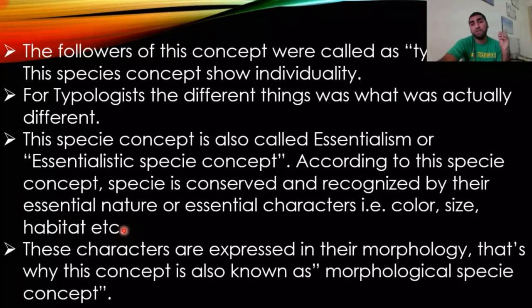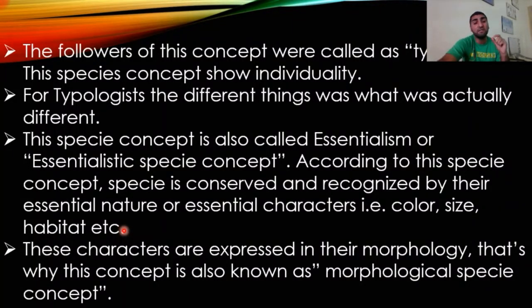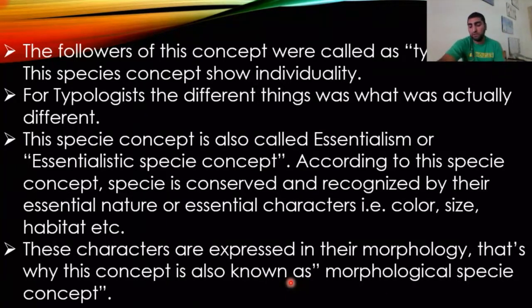They thought that there is no variation, no mutation, no change in species. Species is fixed. These characteristics are expressed in the morphology. That's why the concept is also known as the morphological species concept. Color, size, and habitat also reflect in the species morphology, so species are recognized through morphological characteristics.